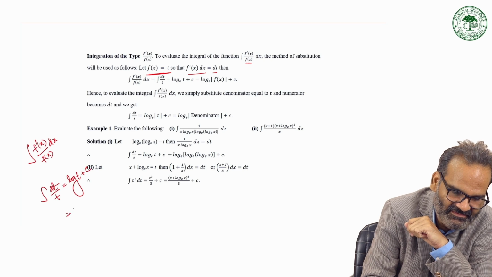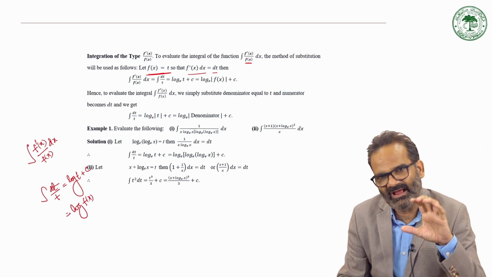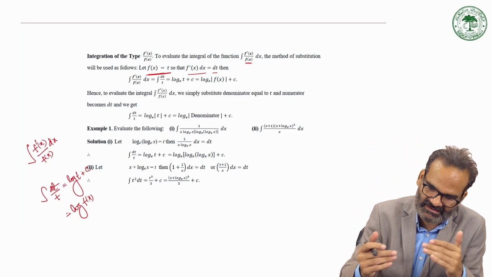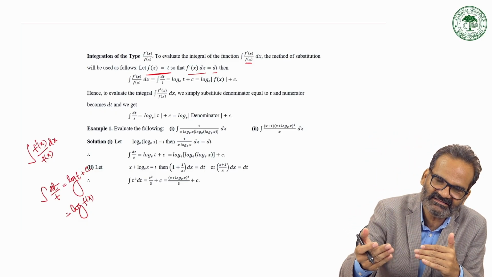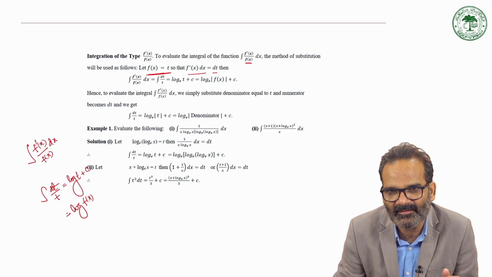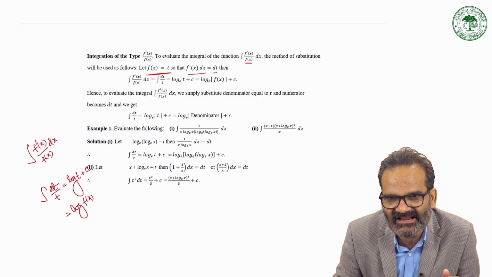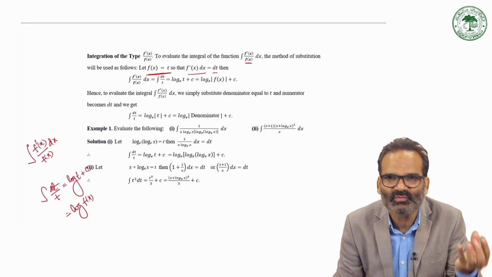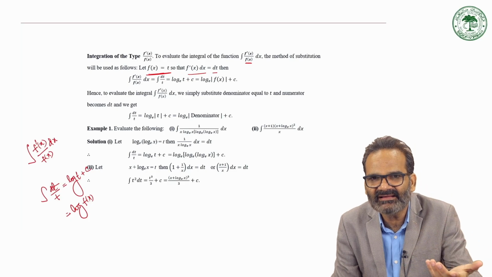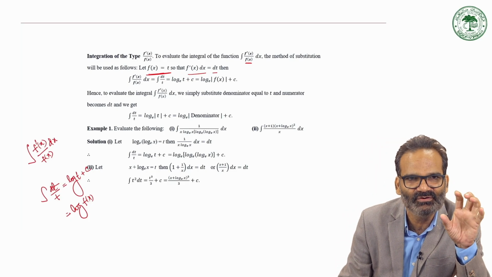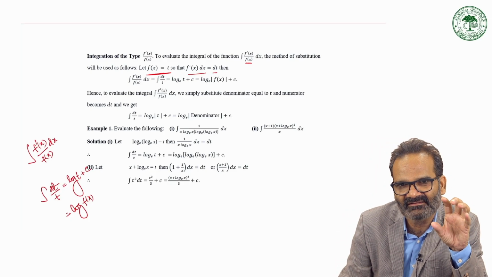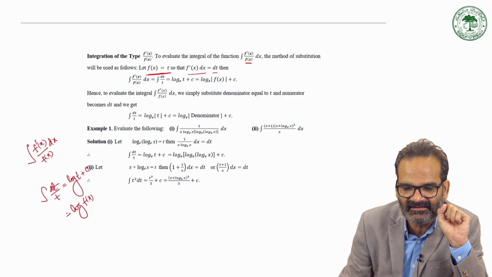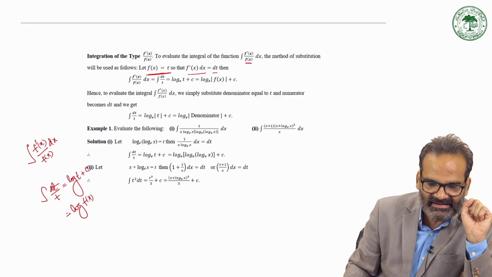And we can change the value of t, as log t is log f x. So whenever we have a function where the numerator is the direct derivative of the denominator, such integrals can be directly evaluated by taking the denominator equal to t, and finally its integral will come out to be log of the denominator. Let us understand this technique by the following examples.